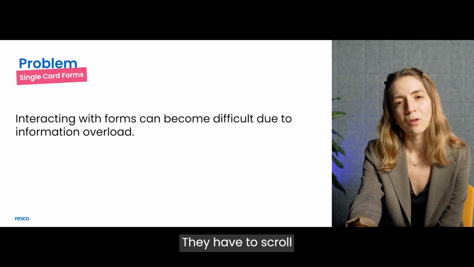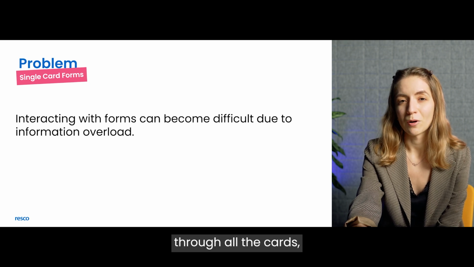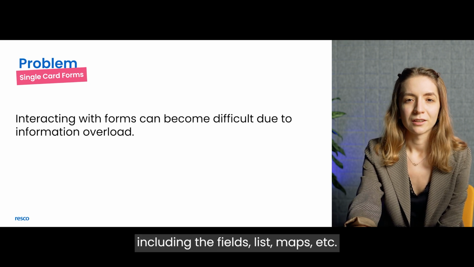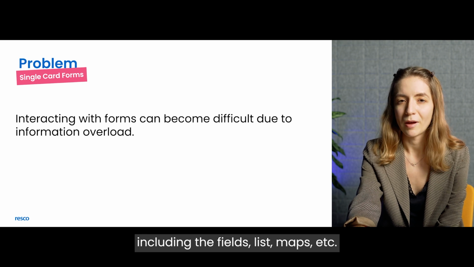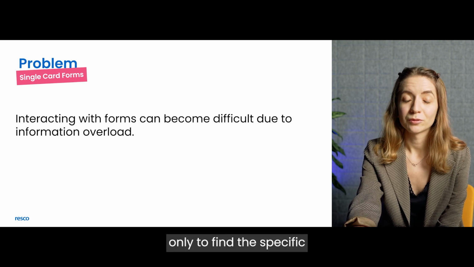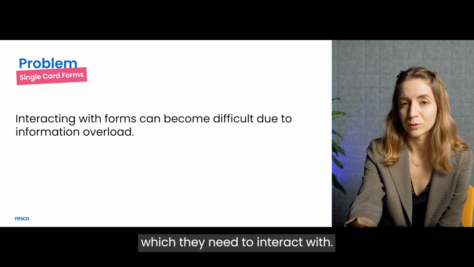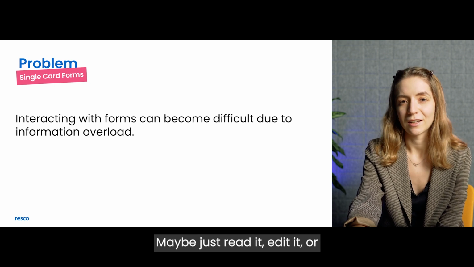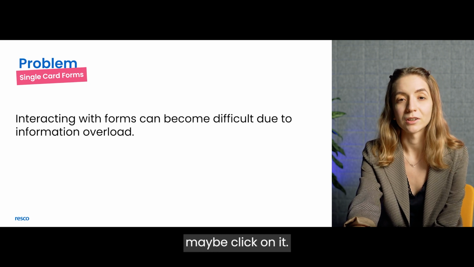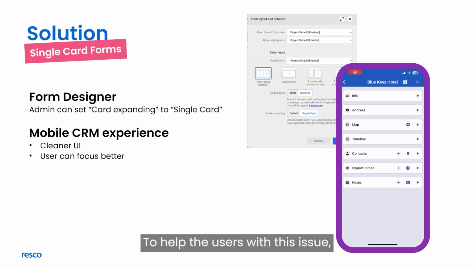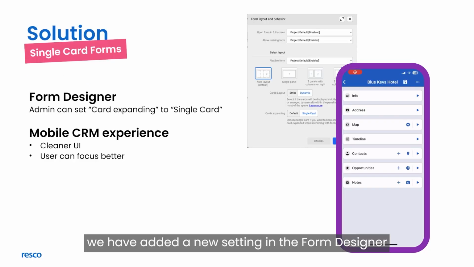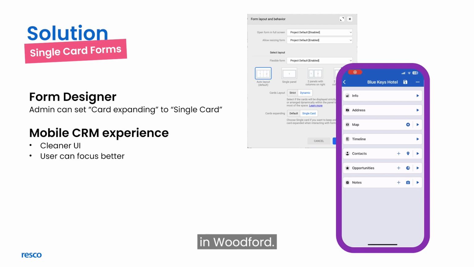They have to scroll through all the content, through all the cards, including fields, lists, maps, etc., only to find a specific piece of information which they need to interact with, maybe just read it, edit it, or maybe click on it. To help the app users with this issue, we have added a new setting in the form designer in Woodford.